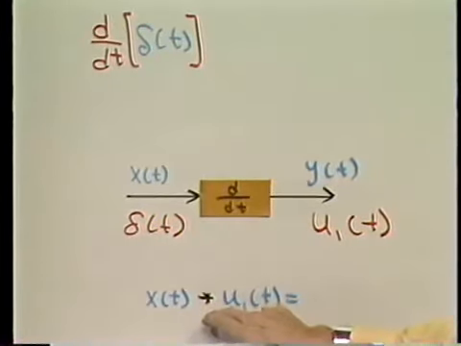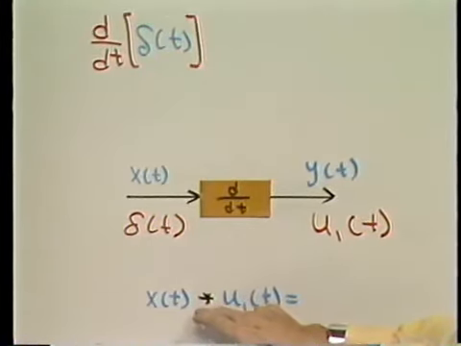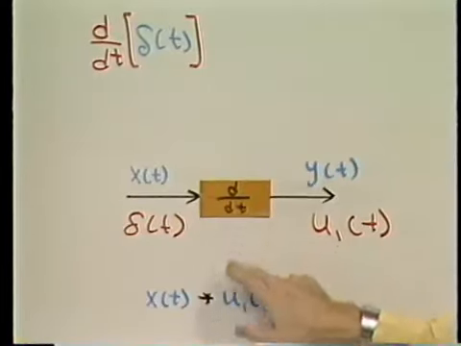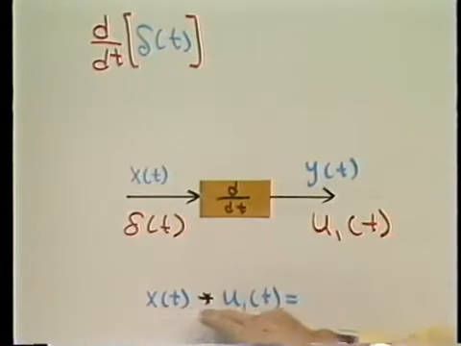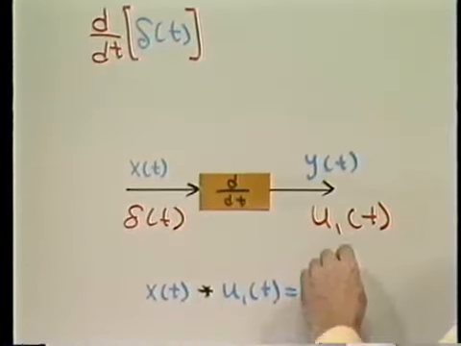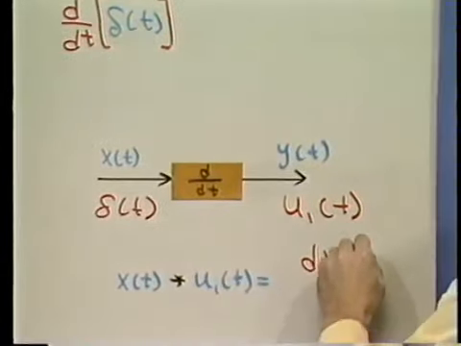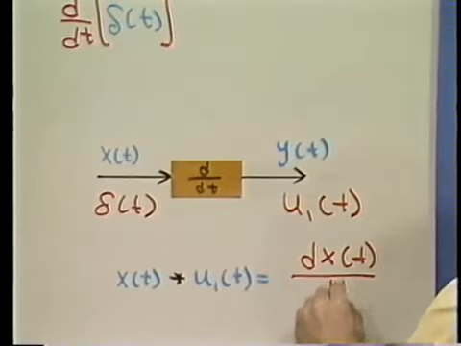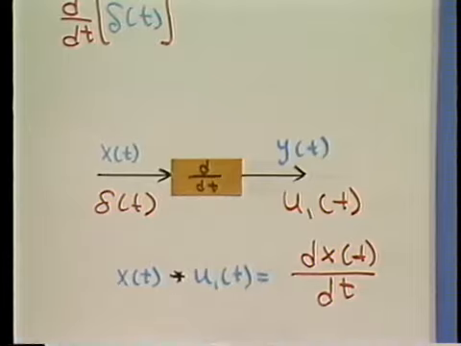What does it do under convolution? Well, the output of the differentiator is the convolution of the input with the impulse response. And so what u sub 1 of t does under convolution is to differentiate. And that is the operational definition.